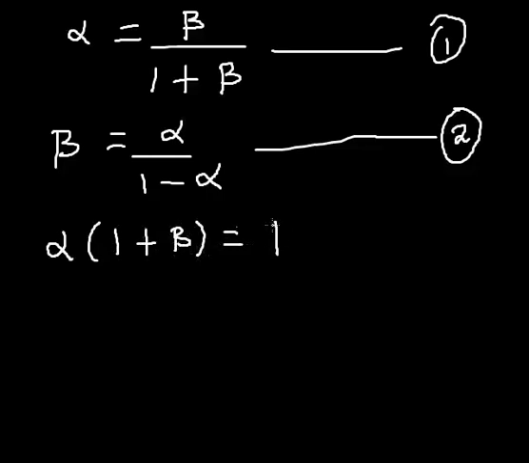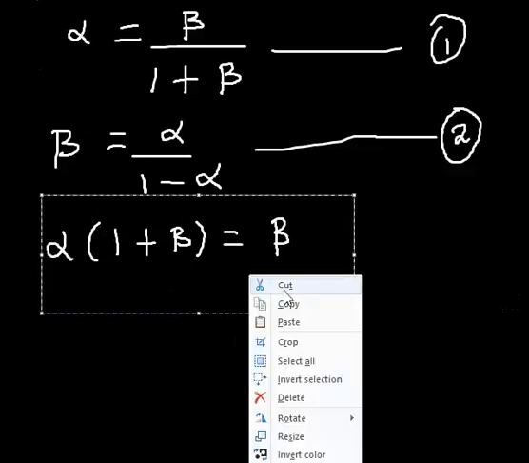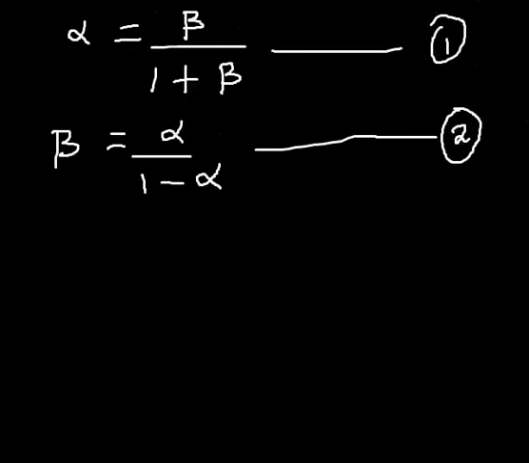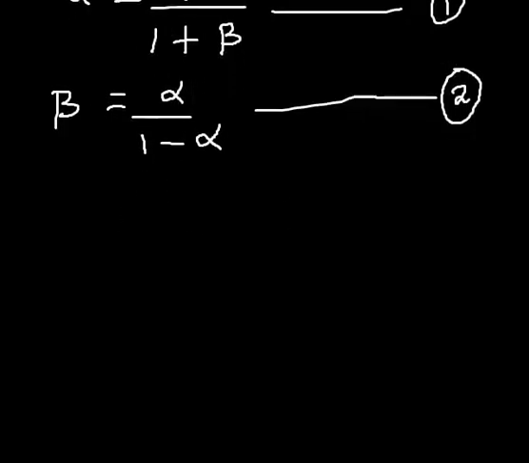But let me not transform this formula into more complicated ones; we definitely use the original. This is the relationship that I want to establish: alpha is equal to beta over 1 plus beta, while beta is equal to alpha divided by 1 minus alpha.